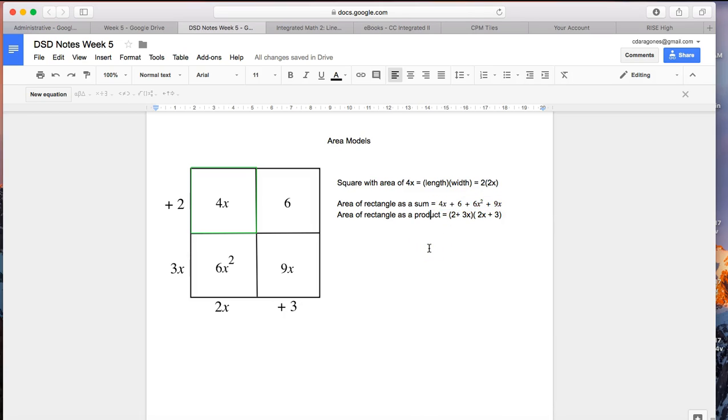So we can represent the area of our rectangle as a sum and as a product, and really what we're saying is we have these expressions for the length and the width being multiplied together, resulting in this sum.